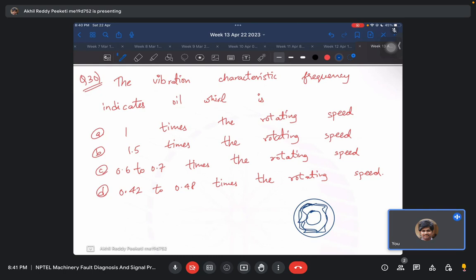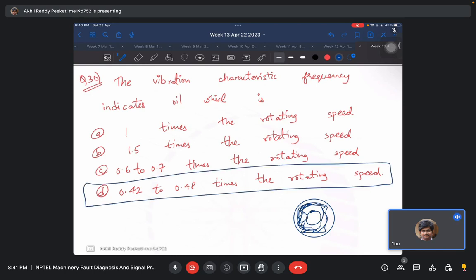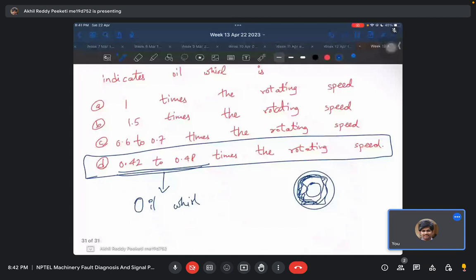So when you have oil whirl swirling around in the chamber, you will actually get frequencies that are lower than half of the rotational speed. The frequency is lower than the rotating speed, so it's usually around 0.42 to 0.48 times, which will indicate the oil whirl. Okay. So if this is actually equal to the natural frequency, then this would turn to oil whip and can cause catastrophic failures.